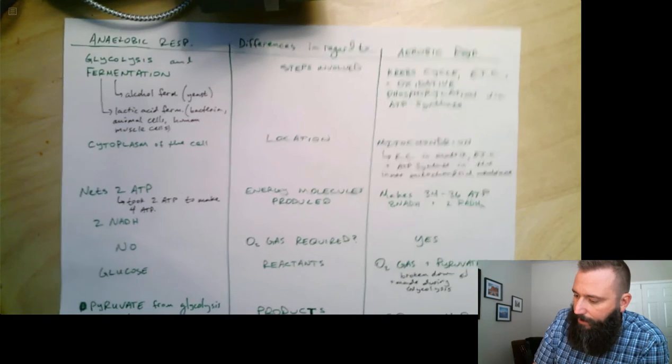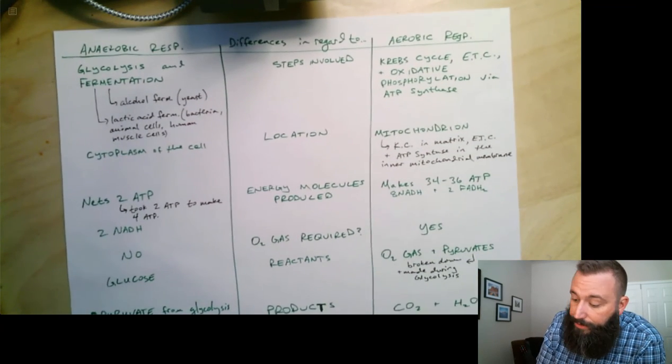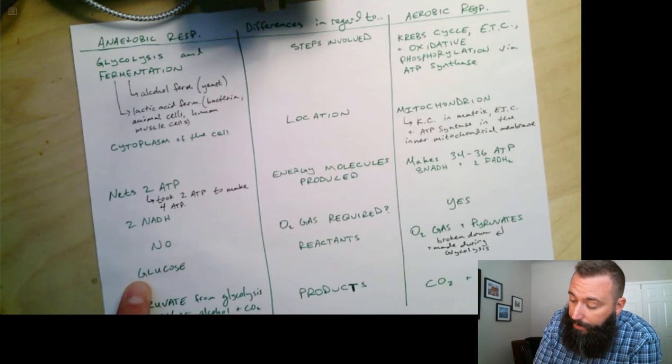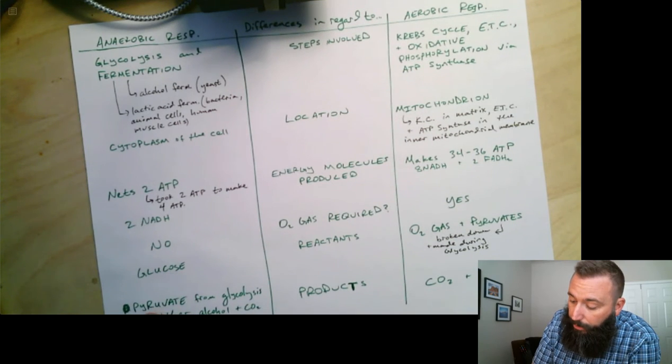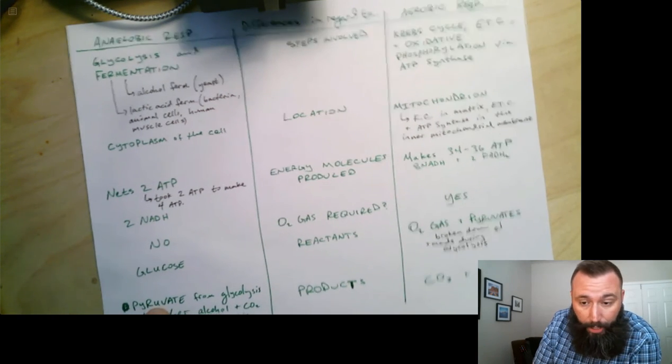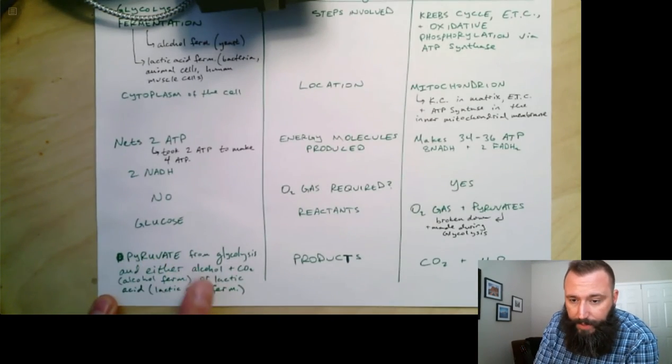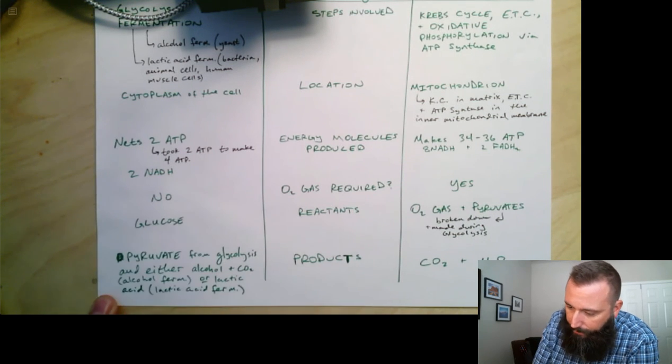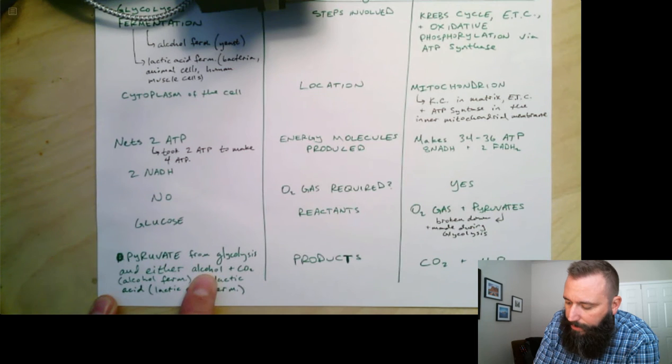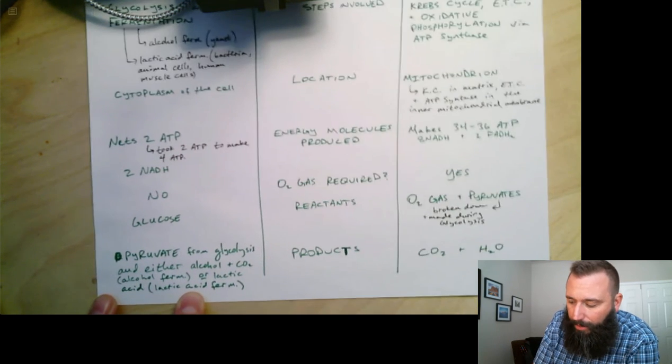And then finally, the difference in regard to products. If oxygen's not present, that glucose will be broken into pyruvate. That process happens during glycolysis. And then again, if there's no oxygen present, it depends on the species of organism we are, but either alcohol fermentation or lactic acid fermentation will take place.